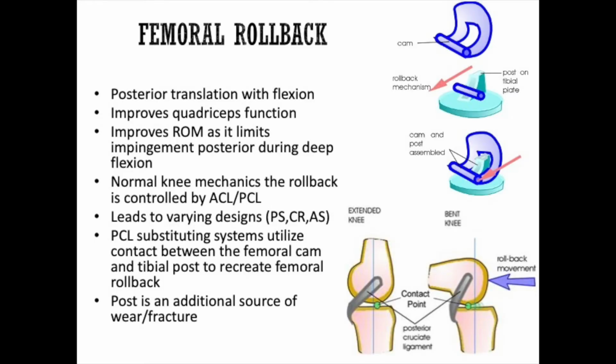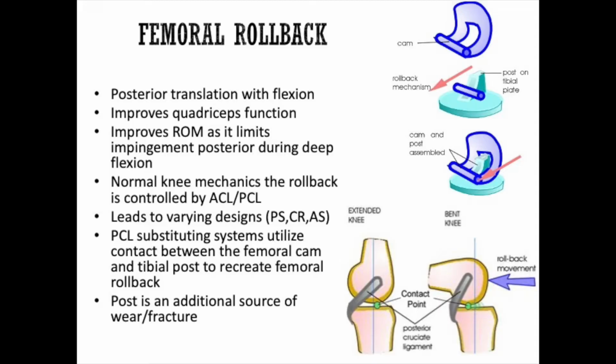So the femoral rollback involves the posterior translation that happens of the femur on the tibia as it goes from extension to flexion. Again, the concept of this is that the femur is a cam, which means it's a changing radius of curvature as it starts to roll back. So you can see in the picture on the bottom right, the contact point changes from the femur to the tibia as the femur goes from extension to flexion.